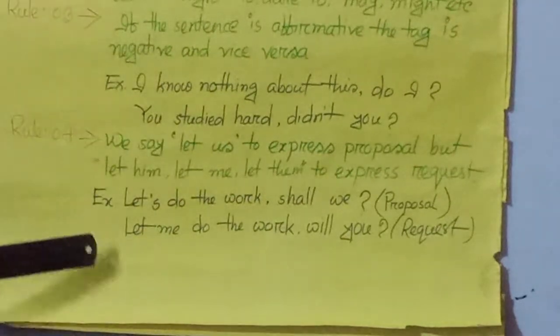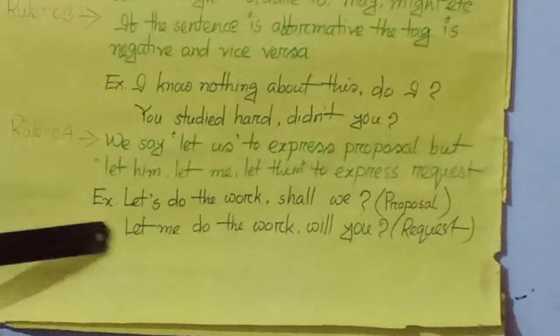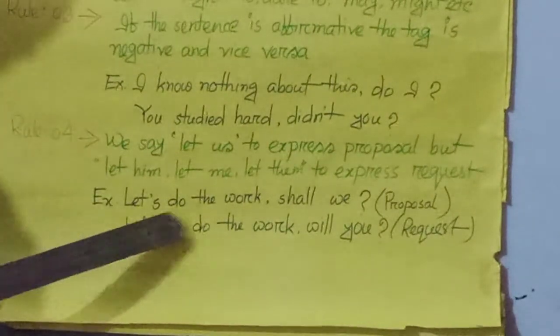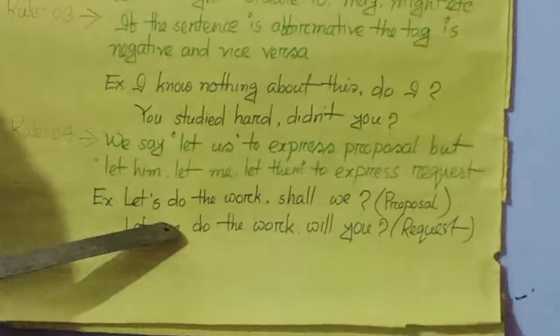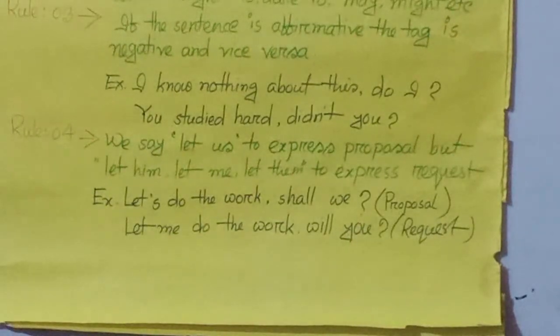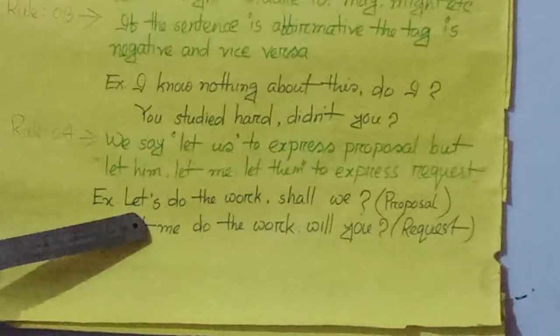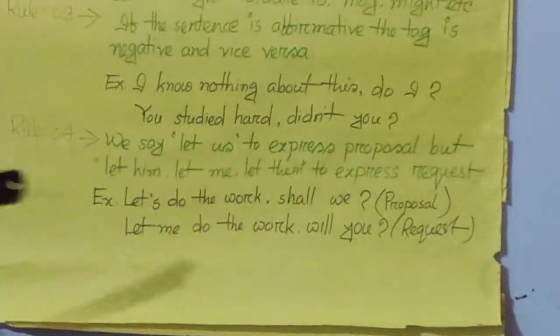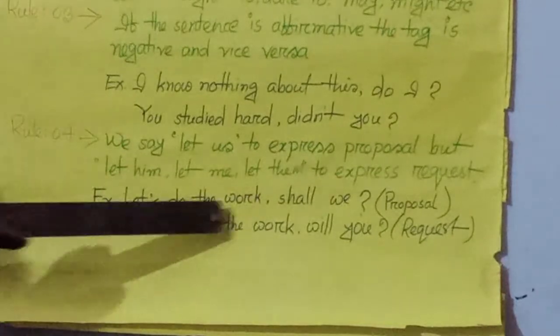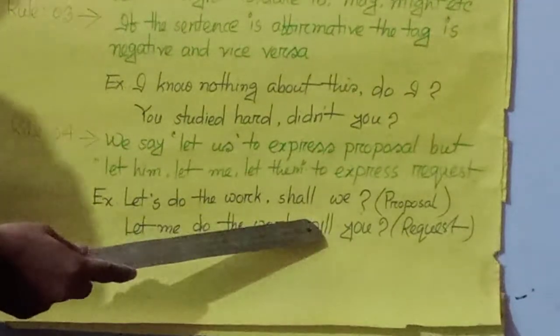So let's have a look at the examples. Let's do the verb. We start the imperative sentence with let's. Let's do the verb. This is a proposal, so we use shall we.